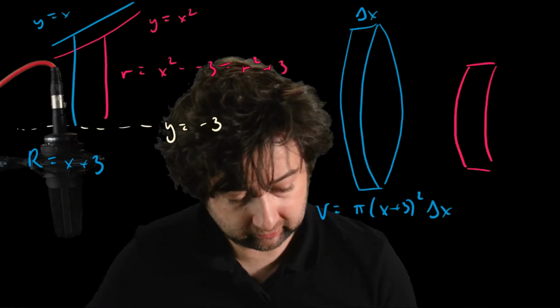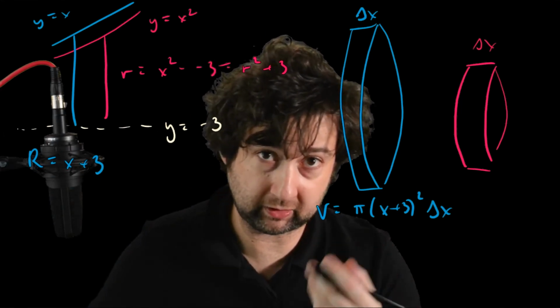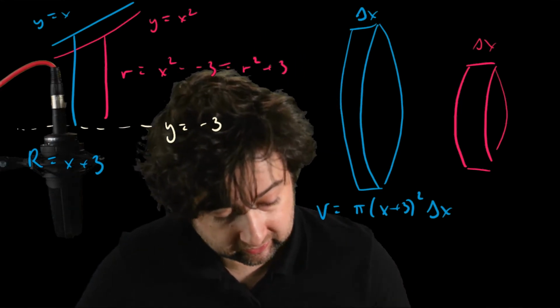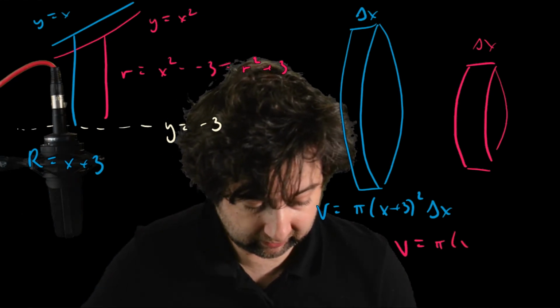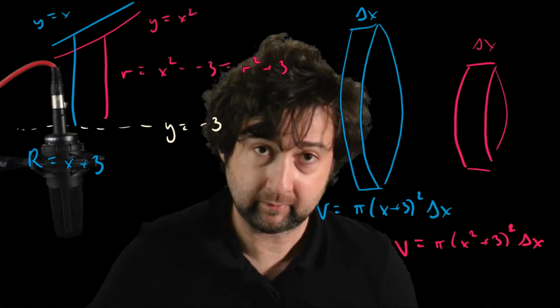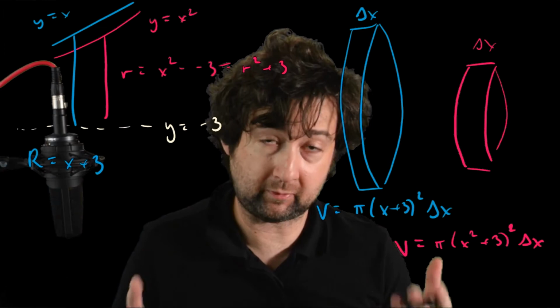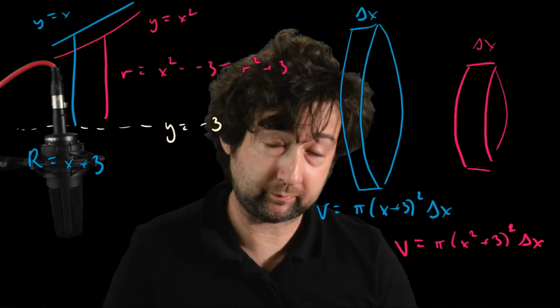And the little cylinder is also delta x wide, because it's just a hole punched out of the blue cylinder. Its volume is going to be pi times (x squared plus 3) squared delta x. And this is not a computation where the 3's are going to cancel out. It's all going to have to be computed.